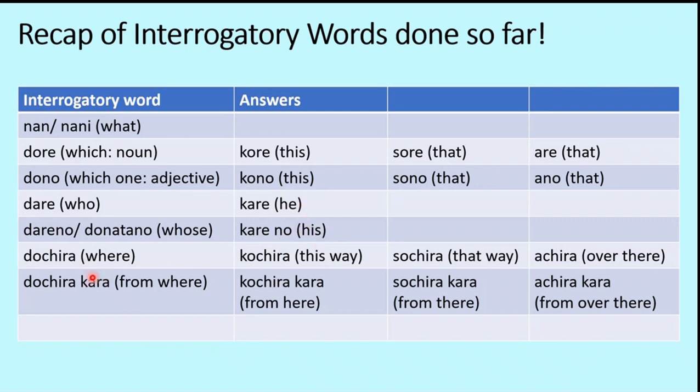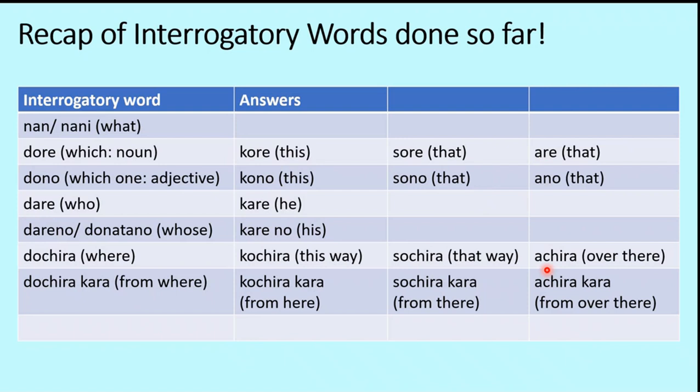Then we have dochira, which we have encountered in dochira kara in connection with which country you belong to. So kochira kara, sochira kara, achira kara. So you can see the similarity in each of these answers. So kore, kono, kare, kochira, and similarly we have sore, sono, sochira, are, ano, achira.